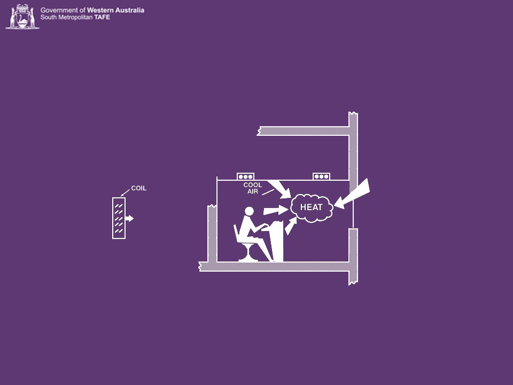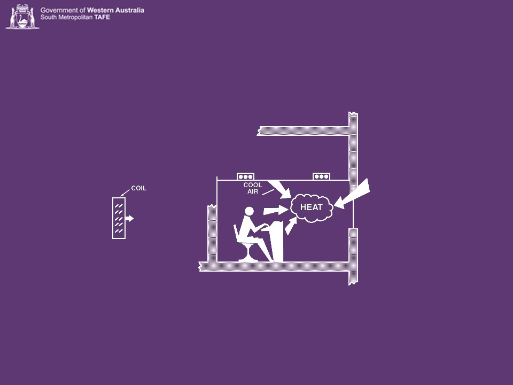And then as we start using more and more modern equipment like computers and electronics that use energy, they produce heat as well. So there is this heat load, which is going to make the room hot, which is uncomfortable, so we need some way of cooling the room.